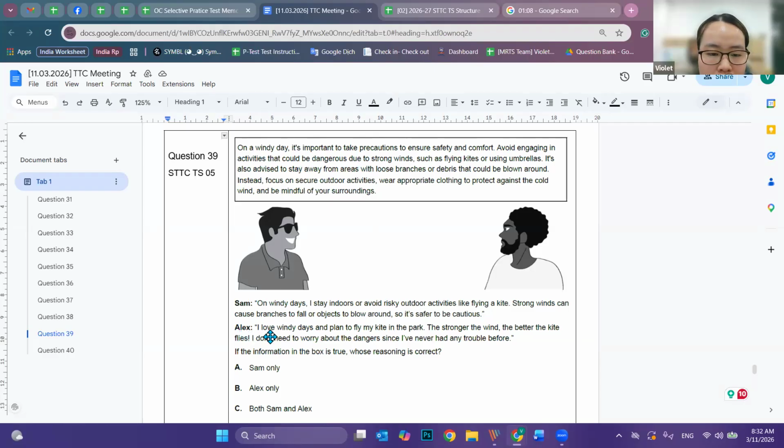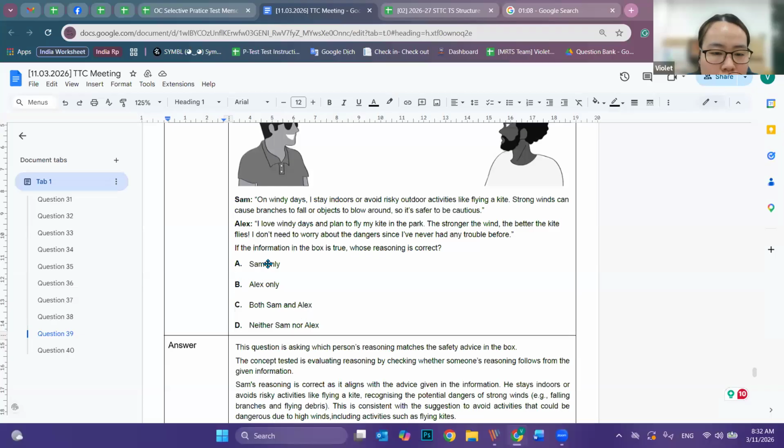But for Alex, I love windy days and plan to fly my kite in the park. Alex's reasoning is incorrect because the premise is about safety on windy days. So option A is the correct answer.